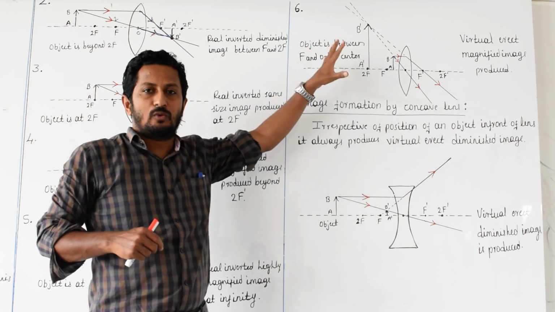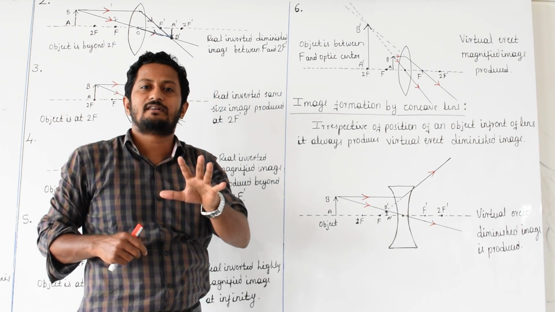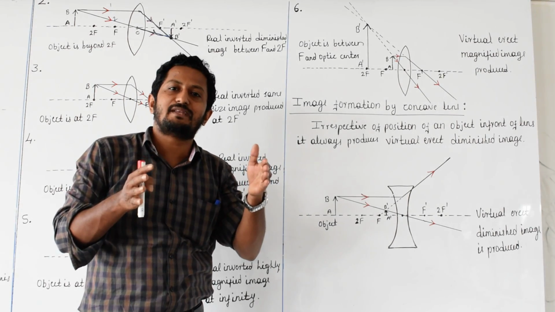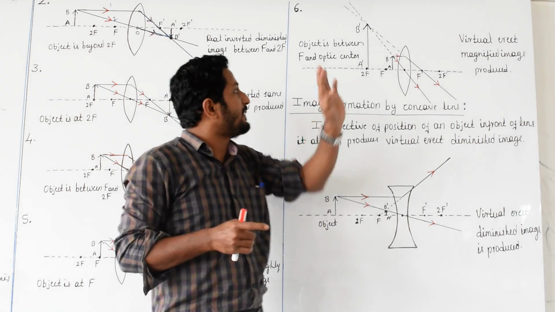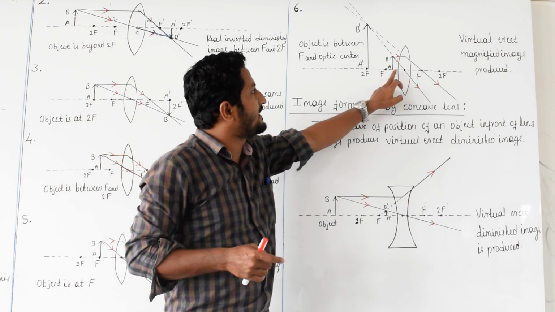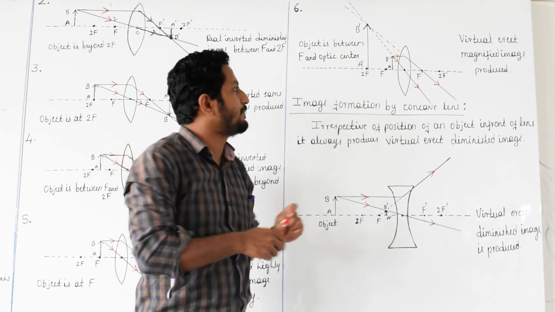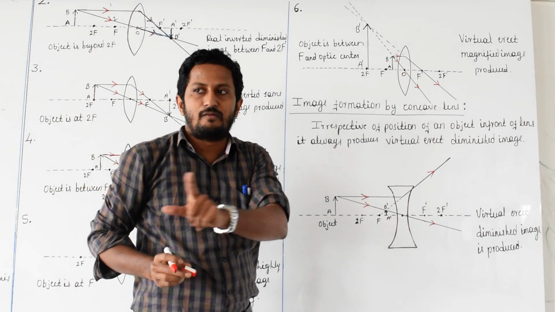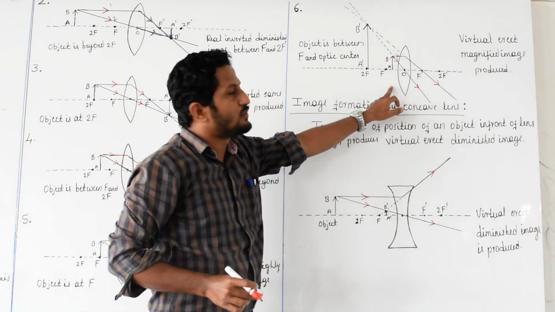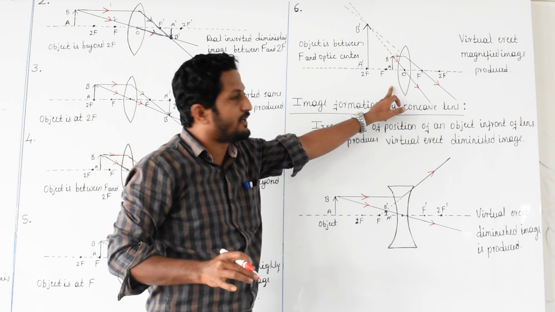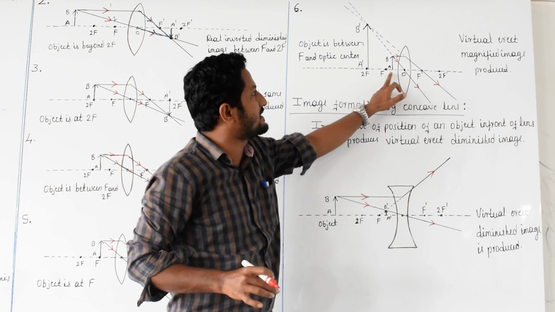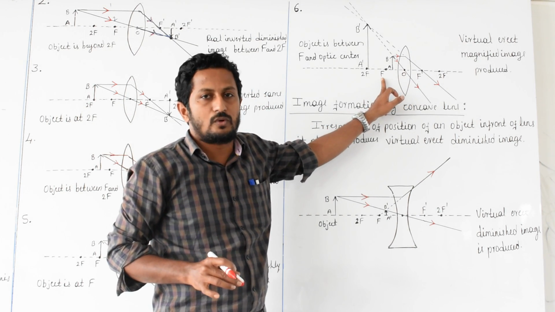Now we have to place the object in front of principal focus, or between optical center and principal focus. Okay, yes. So now look at this one. I place the object AB between optical center and principal focus.